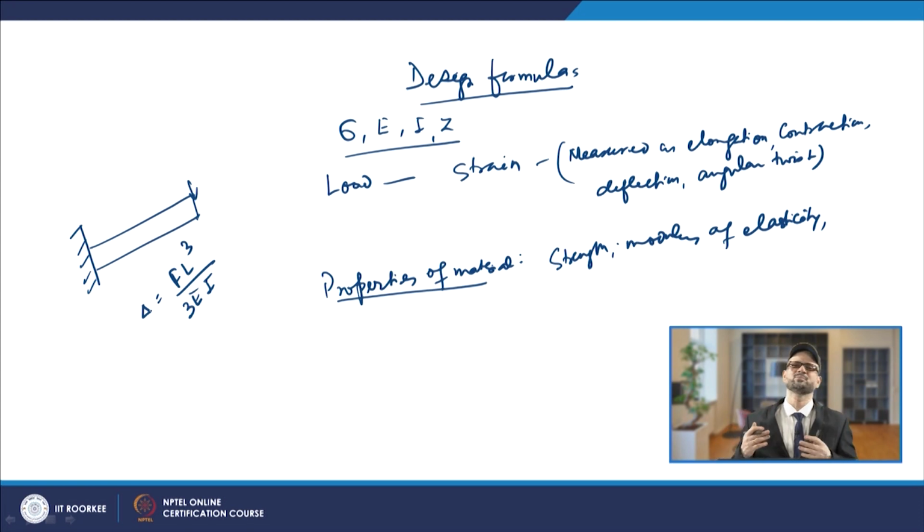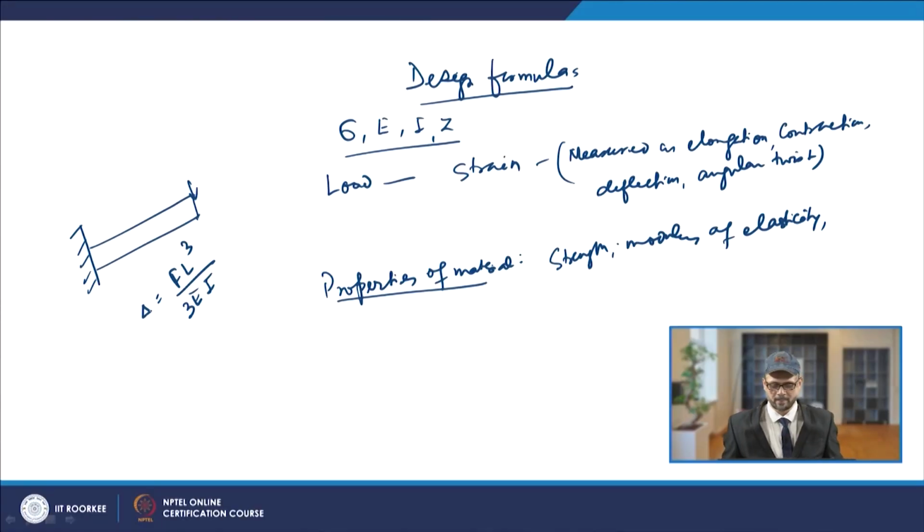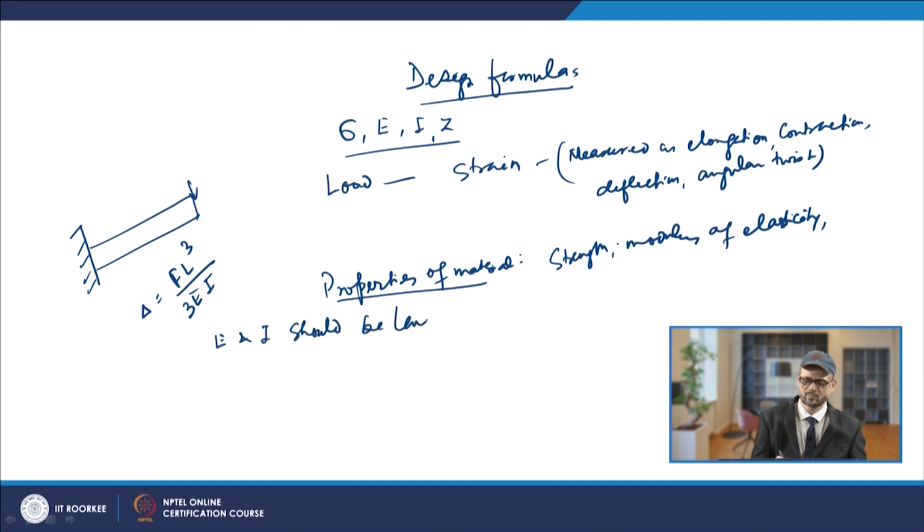What we normally design, our basis of design, will be that we should have the minimum amount of deflection. For that, we will try to have the material with larger and larger values of E and I. Among the different materials, E and I should be large to have minimum deflection.